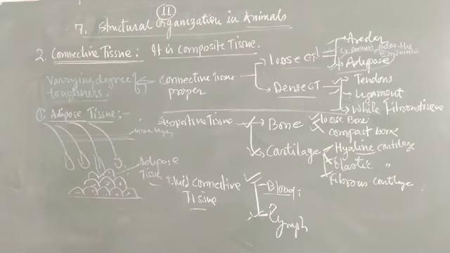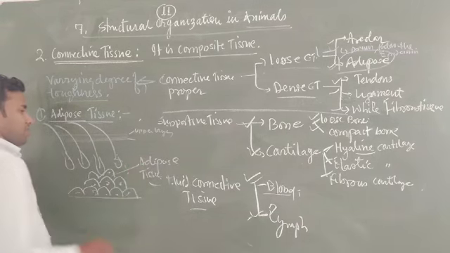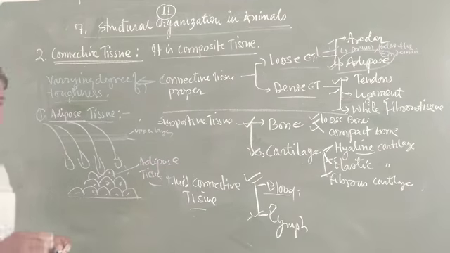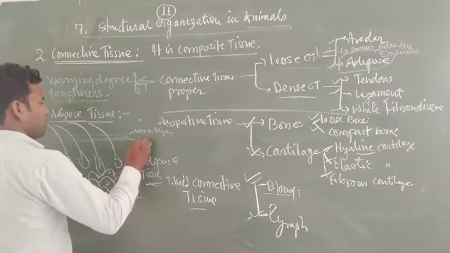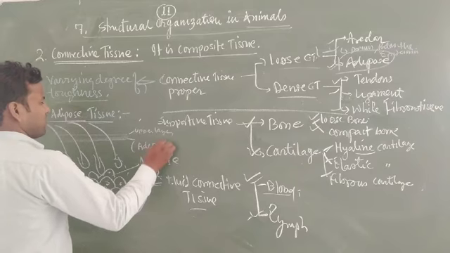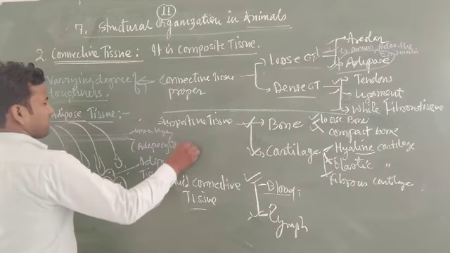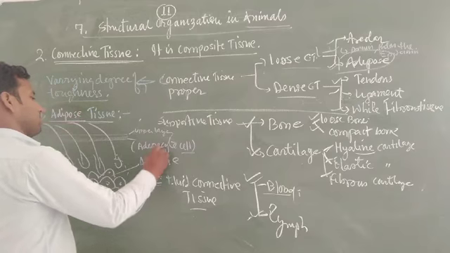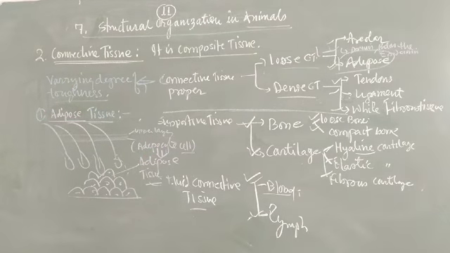This tissue accumulates the excess energy stored in the body, which is converted into fat through a cycle. I think it will be discussed at the time of physiology, when physiology is taught to you. The adipose tissue is a modified form of areolar connective tissue that contains a large number of fat cells. It is made up of cells called adipocytes.